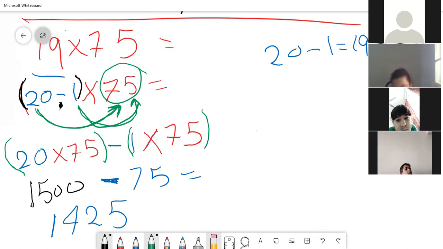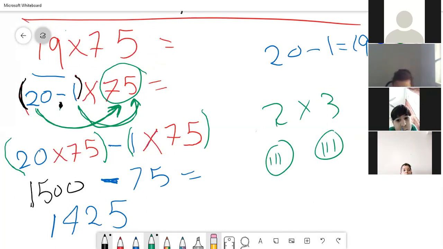Multiplication, for example, 2 times 3. This means you have 2 groups, right? And in each group you have three things, right?